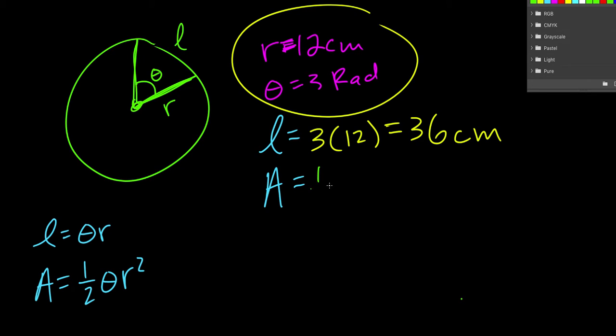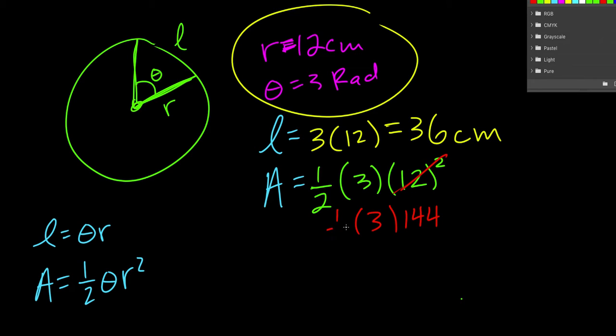Area is going to be 1/2, and then times theta, and then times R squared. Okay, as we simplify this, we want to do exponents first. So that's 144. And then we can just multiply this straight across.